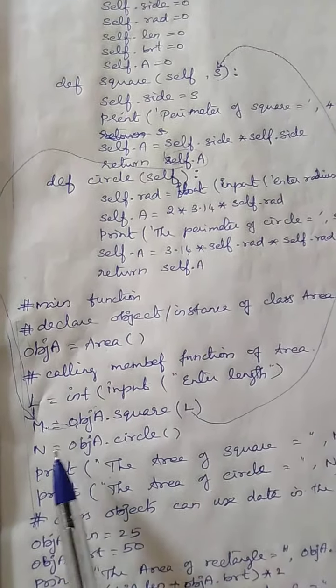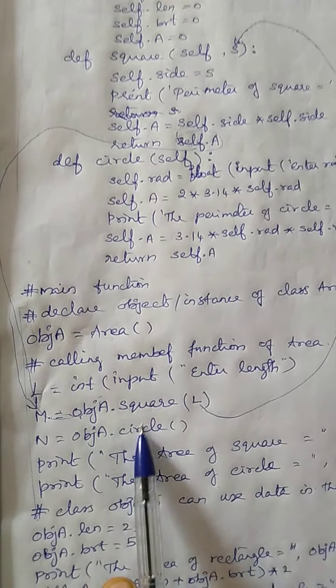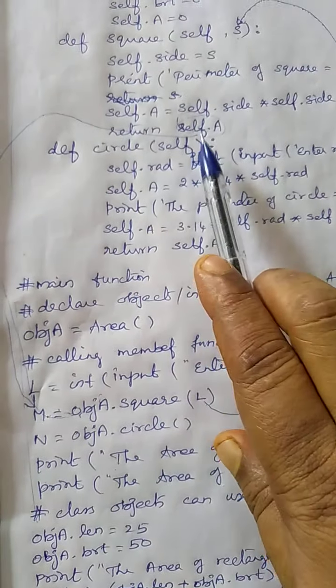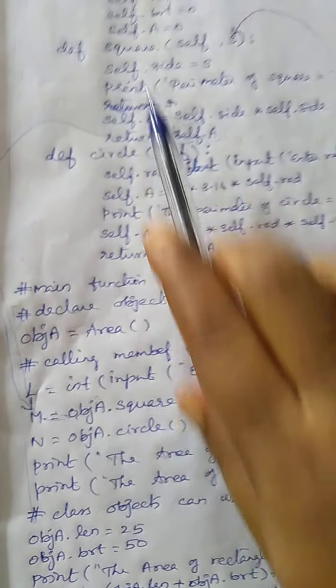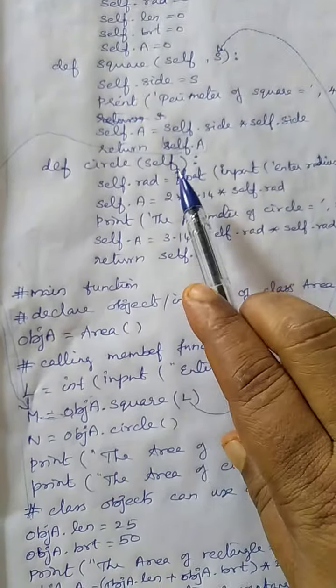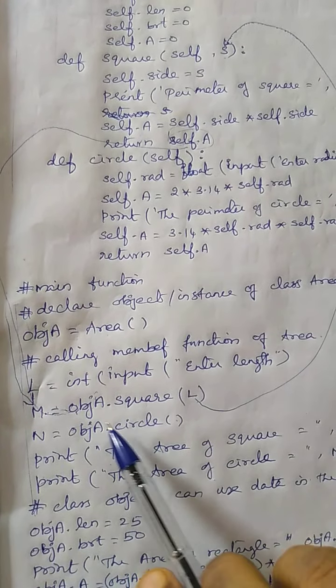Okay, now n is equal to another value. We are calling the other function, circle. This function doesn't require any other argument, only the compulsory argument self to use the members of this class, so there is no need to pass any data. So we are calling this object a dot circle.